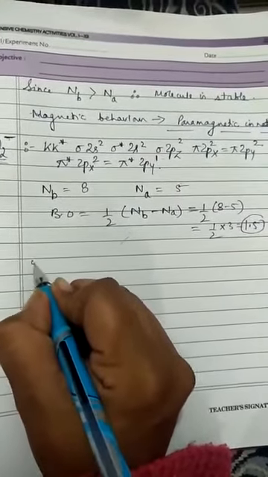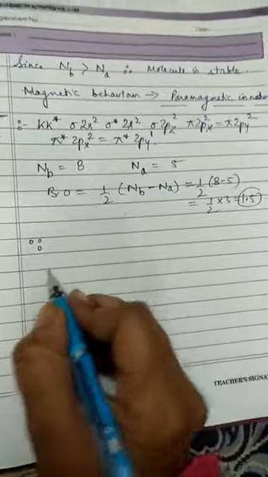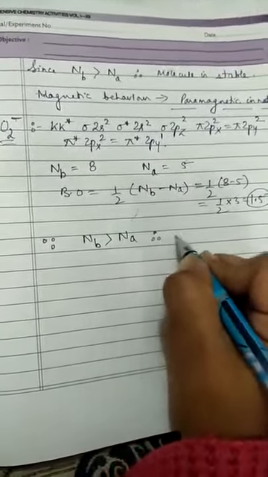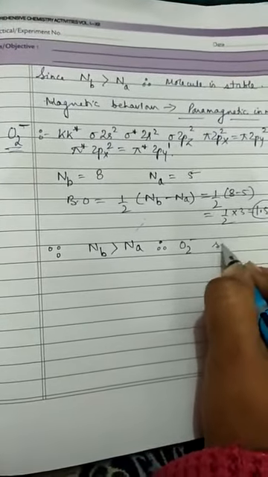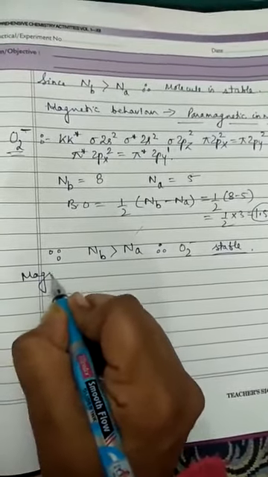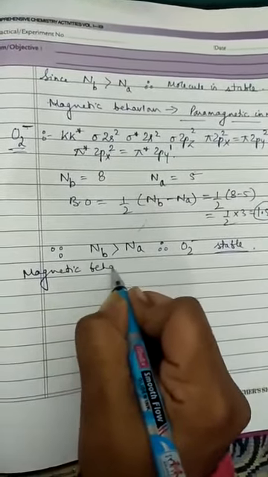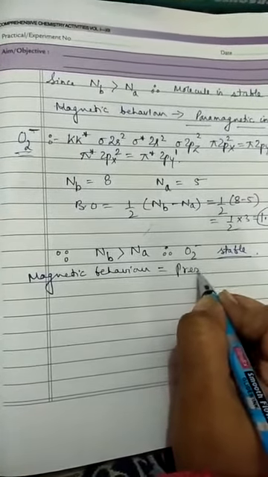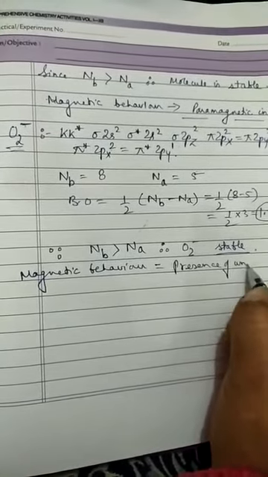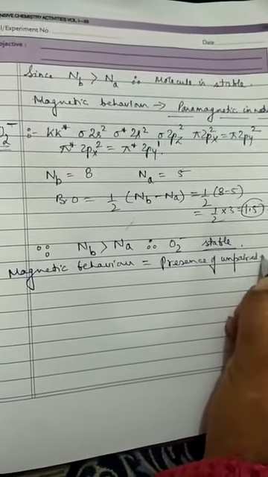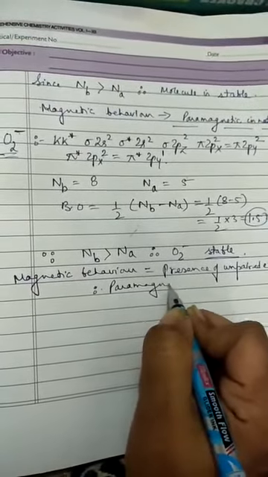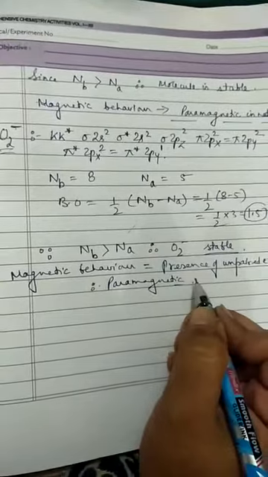And since Nb is greater than Na, therefore O2 negative is stable. About the magnetic behavior, because of the presence of an unpaired electron, it is paramagnetic, right?